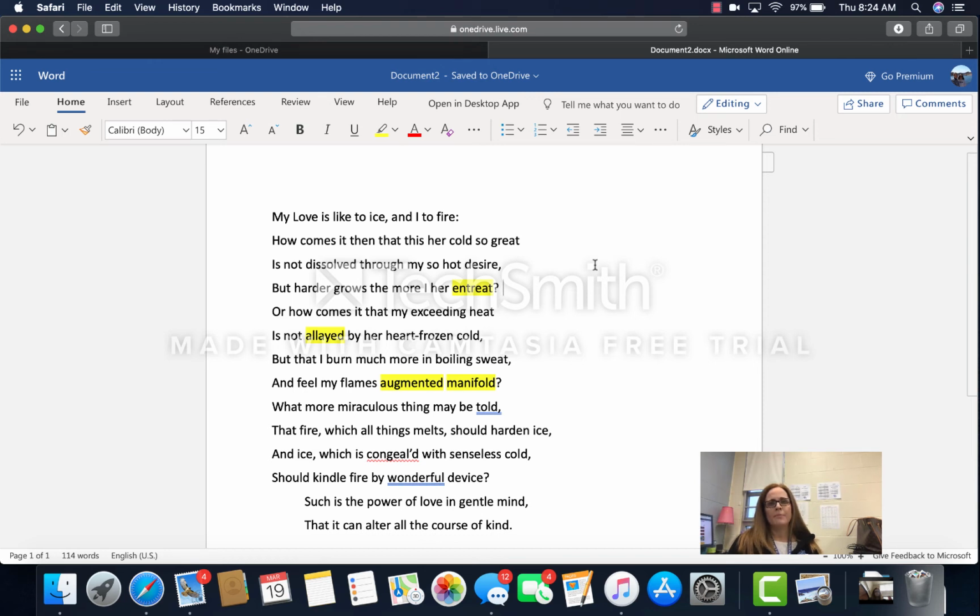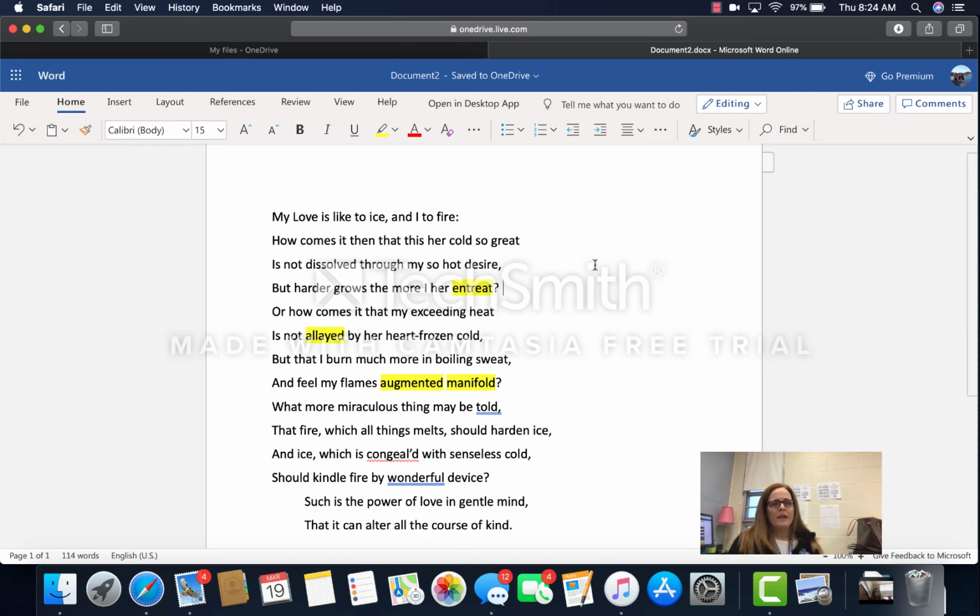That some people have an unwavering love for someone, and there's nothing that can be done to change someone's love for another person.